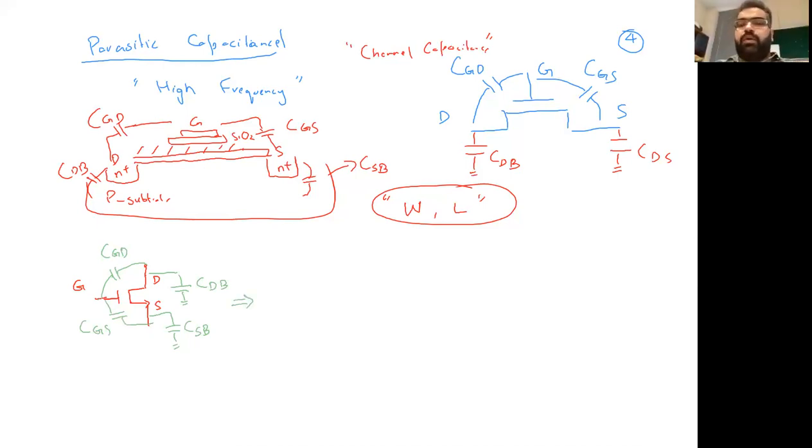our hybrid pi model. So let me draw the hybrid pi model in the red, and we'll add these capacitances in the green then, to identify the thing. So we just have something we normally called VGS.